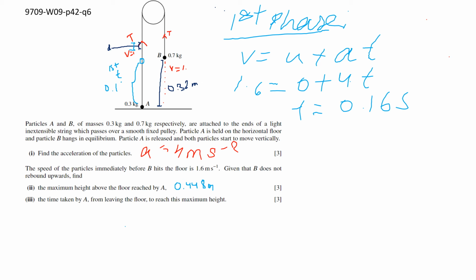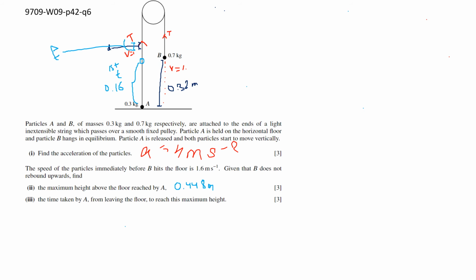Okay, so you also need to find the time for this phase too. So let's also find the time for the slack point. So v equals u plus at. So v we have 0 and u is 1.6, and we have minus 10, since it is moving upward, times t.